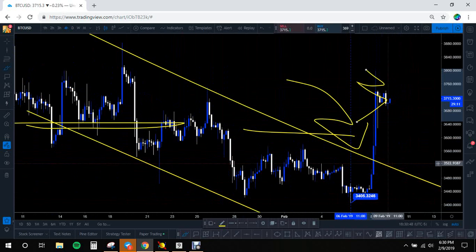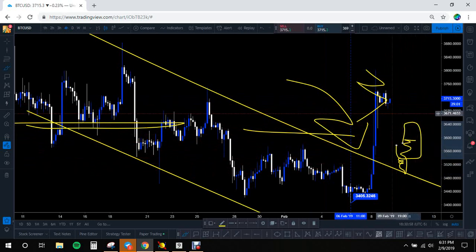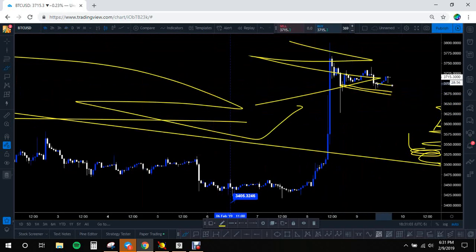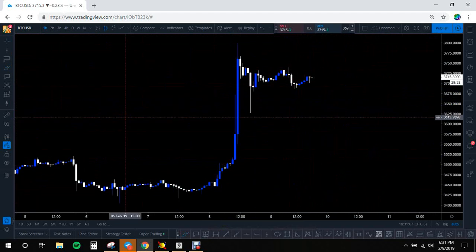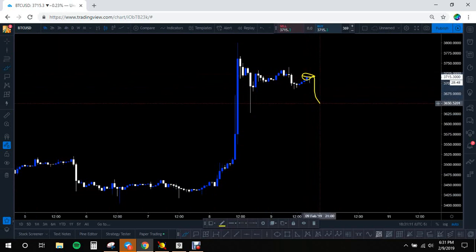So that's my prediction from yesterday, was that price is going to come down in between the 36 and 35s for a bit of a flag pattern, but we really haven't gotten any of that. And we're starting to close higher here. If I drop it down to the hourly, we're starting to close a lot higher. So if it does come down to 34s, it's going to do it right now.